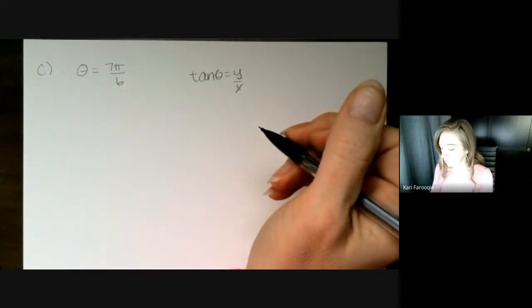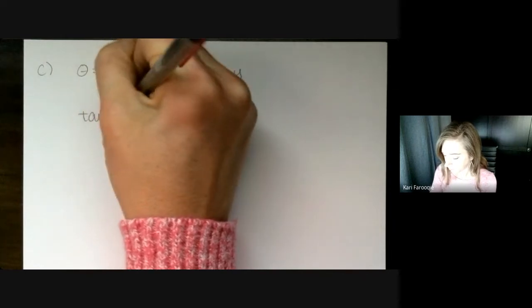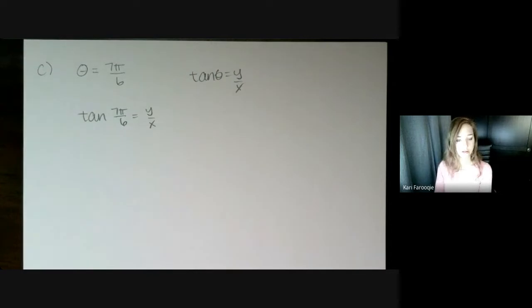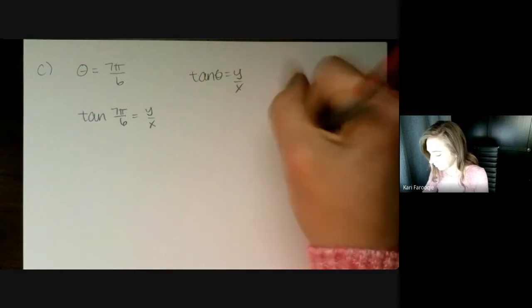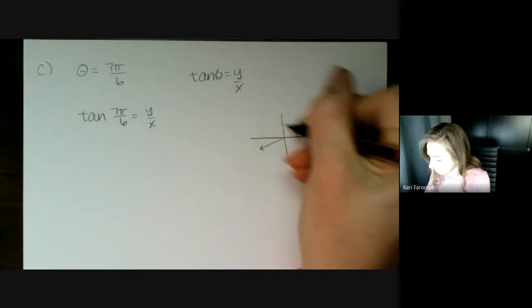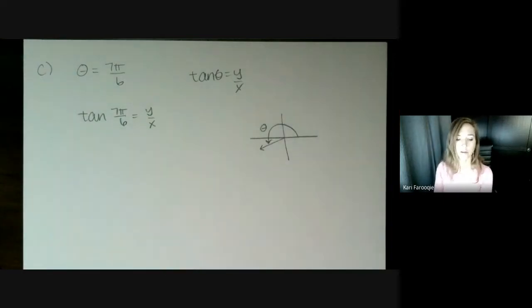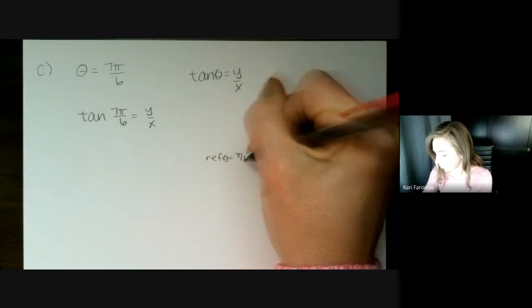All right, so we're going to go with tangent theta equals y over x. So tangent 7 pi over 6 equals y over x. And then think about your tangent values here. 7 pi over 6 is like right here, just a little bit over pi. And the reference angle is pi over 6.